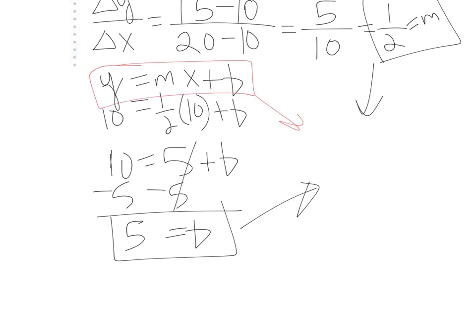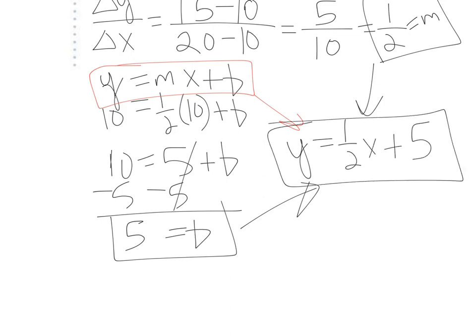So taking the equation then, Nick, our equation would be y equals 1/2 x plus 5. Very good. Y equals 1/2 x plus 5. And we don't really know what's happening in this problem, so we can't really say what the slope or the y-intercept mean.